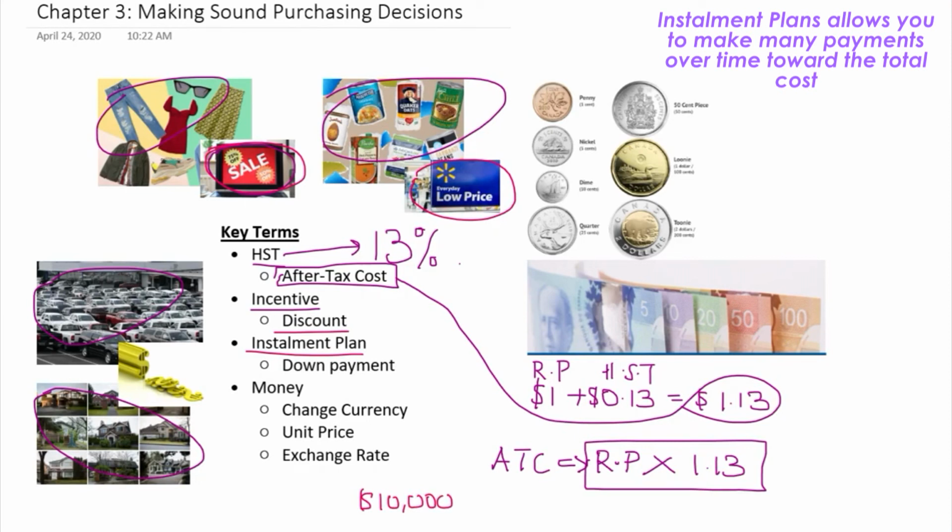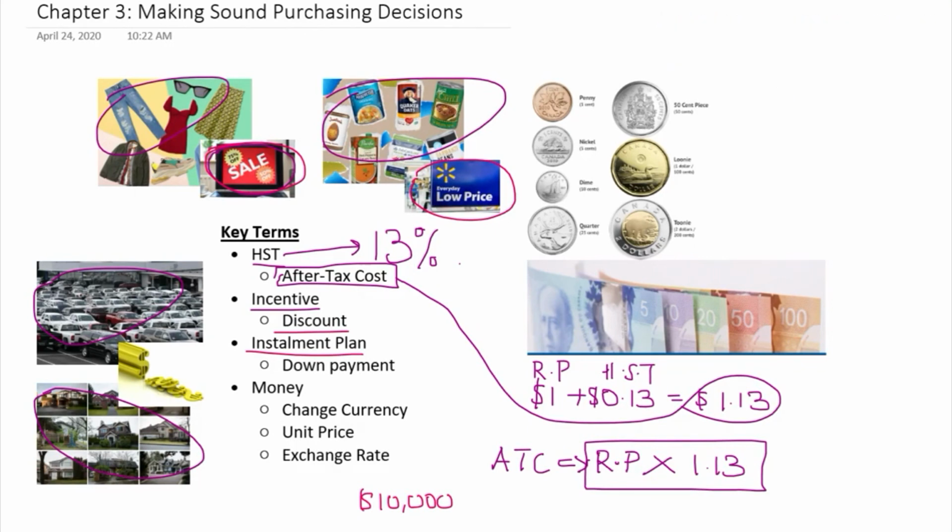Others strike a deal with the retailer, or the retailer will introduce a down payment strategy where at that particular moment maybe you pay $5,000, and then on future monthly payments you pay, let's say, $100 plus HST every single time for the next, let's say, 34 or 36 months, in order for you to get to $10,000.